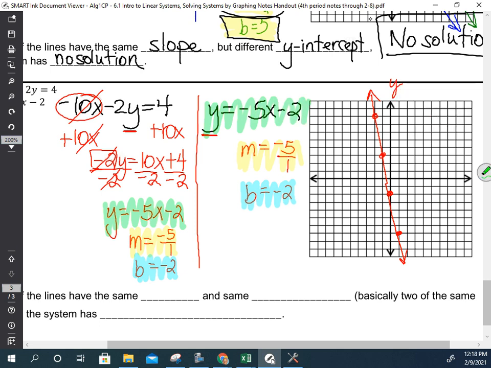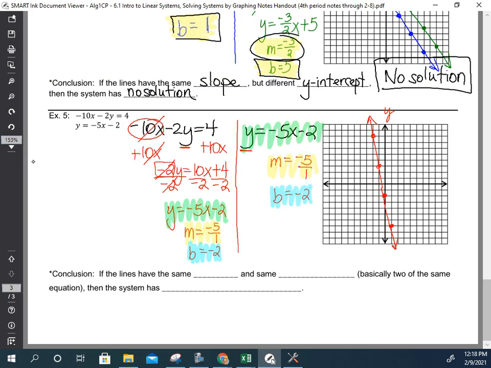So there's no sense in me graphing the same equation twice. You already have it on the graph once. So you have the same everything. You have the same slope. You have the same y-intercept. Basically, you have 2 of the same equation. So when you have 2 of the same equation, that means you have what is called infinitely many solutions.